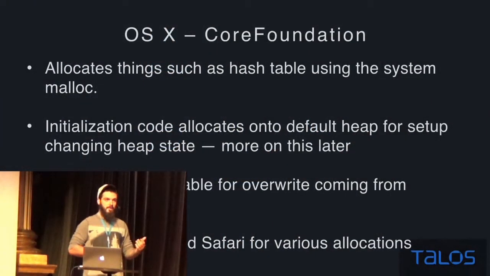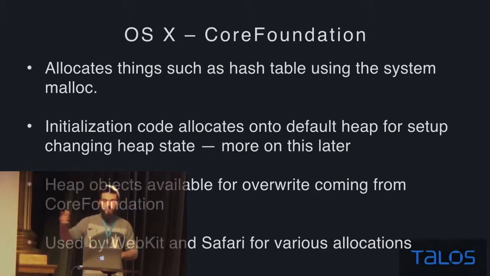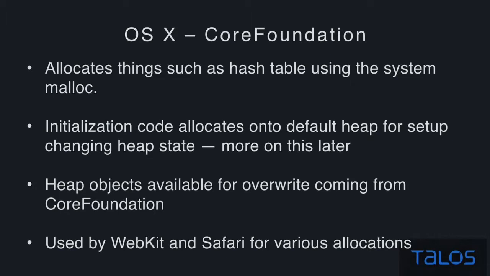And why this is important for us is WebKit, as we know, is in Safari for that instance, and for that matter, is a multi-platform thing. So WebKit has to have its own malloc implementations, has to have its own free implementations, has to have all that stuff built into it because it has to work on Windows, Linux, and OS X. But at the core, Core Foundation still has to be used to render the images and things. So that's going to come into play later on. Just keep that in the back of your mind.